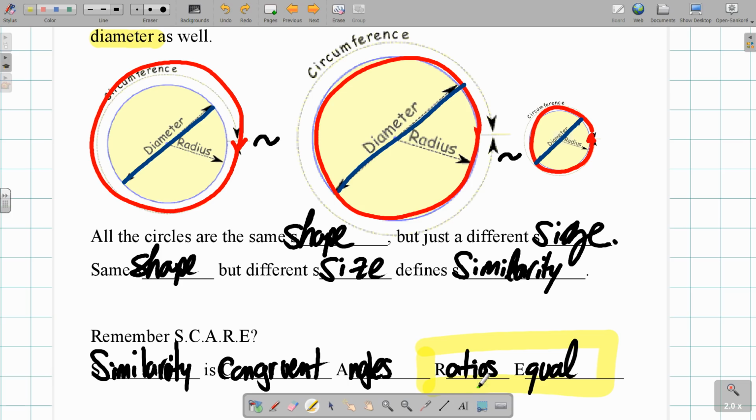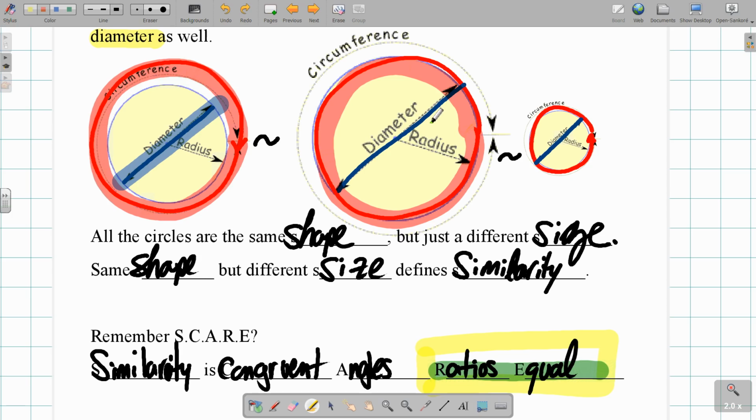Because circles are similar, the ratios of some key components, and we're going to look specifically at the ratio of the circumference divided by the diameter, is the same regardless of the circle's size. That's really important you understand that regardless of its size, there's a certain ratio that's the same for all circles.